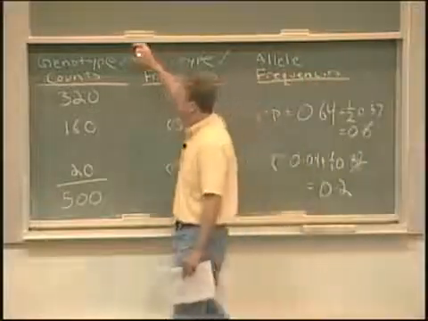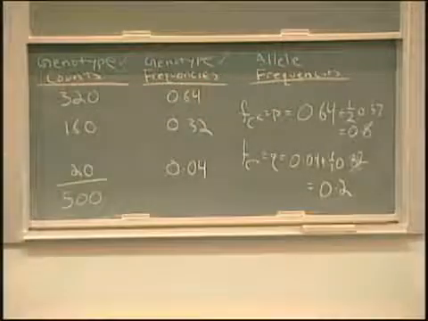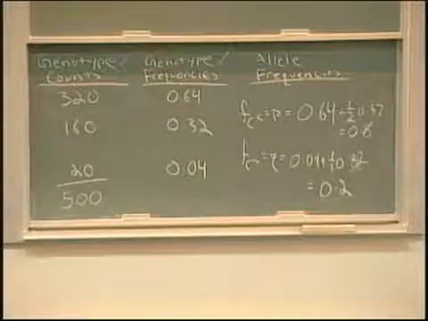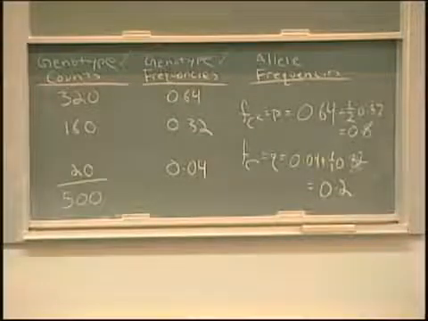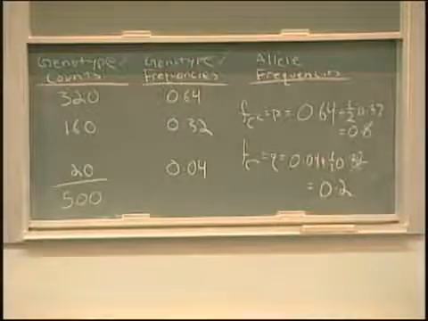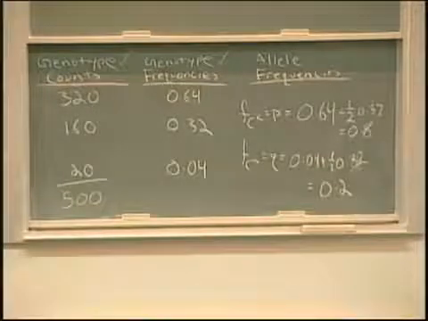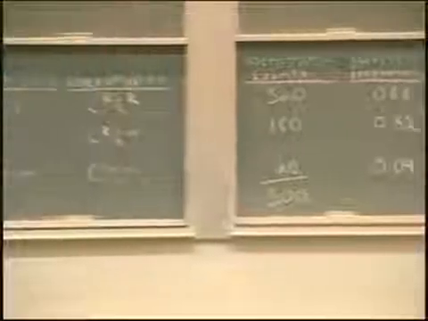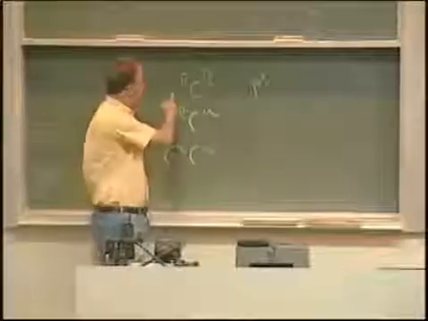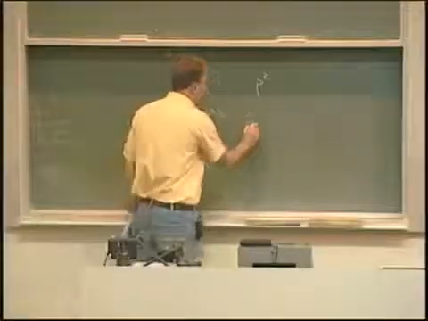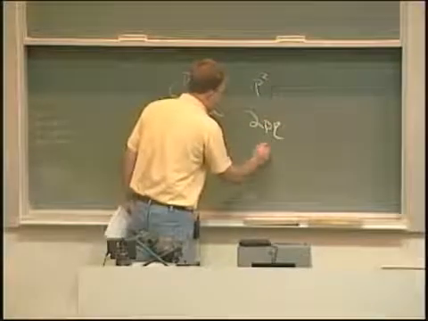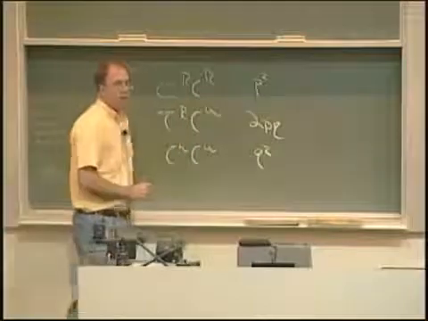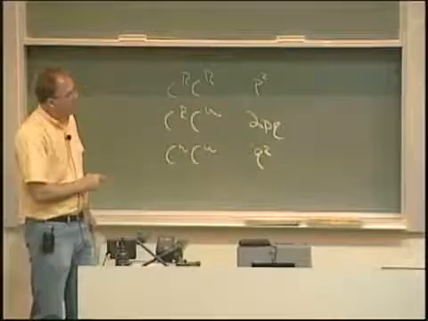The prediction is that if we have CR CR, CR CW, CW CW, in the next generation, the frequency of the homozygous CR individual should be P squared, these should be 2PQ, and these should be Q squared. Okay? That's the prediction.